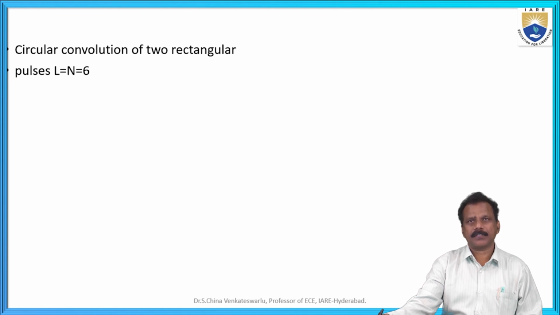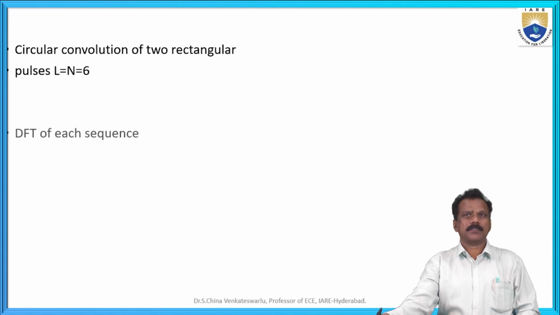How does it appear, the circular convolution of two rectangular pulses with L equal to N equal to 6?